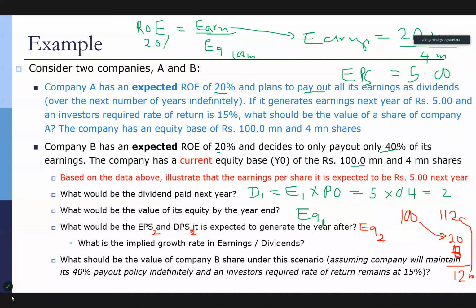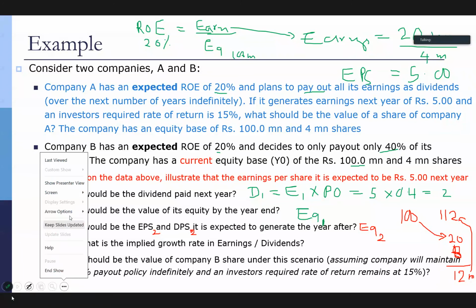So what is the next year's EPS and next year's dividends? You have equity of 100, right?